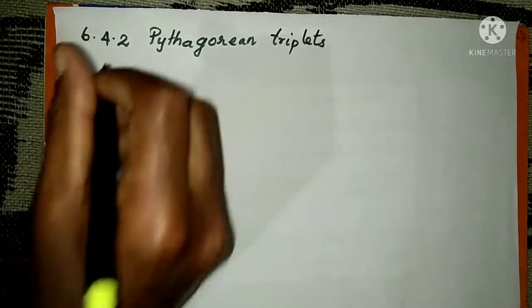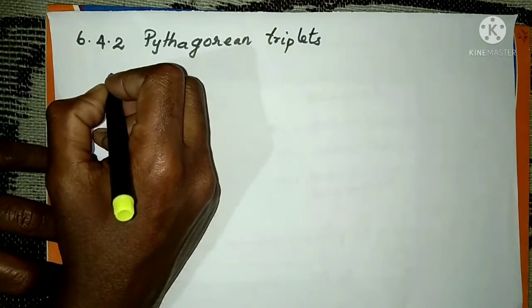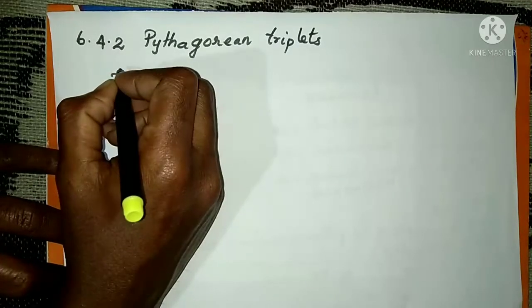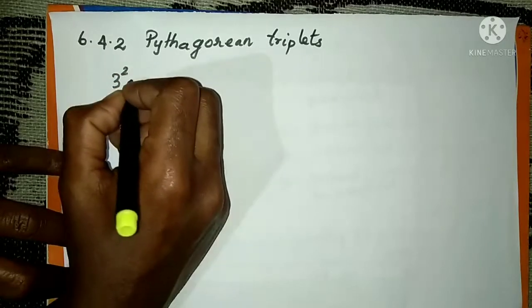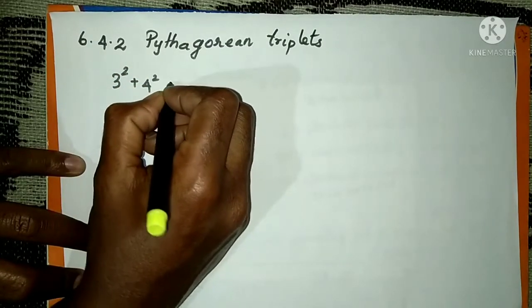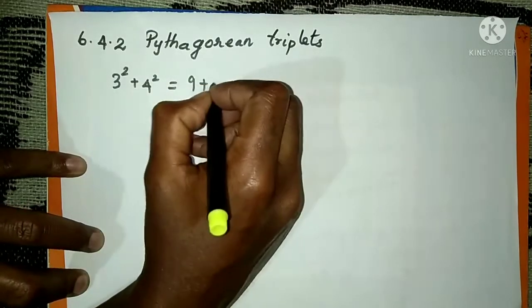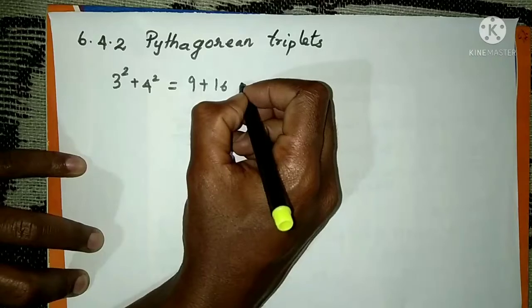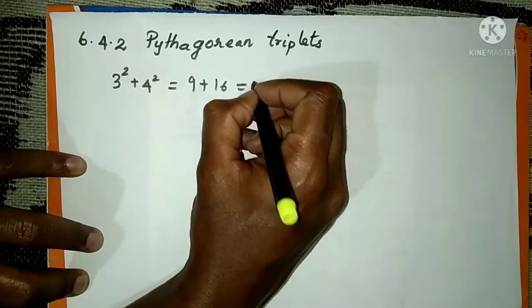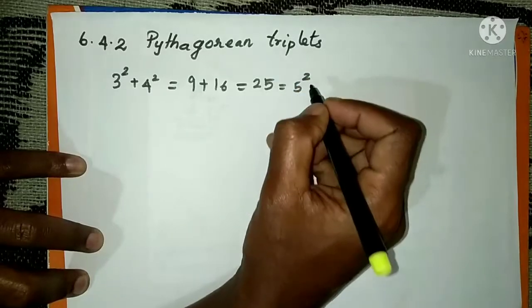Consider the following, what I am going to write here. Consider this: 3 square plus 4 square. When we look at these squares, 3 square is 9 plus 4 square is 16. So when you add these two, we get 25, which is nothing but the 5 square.